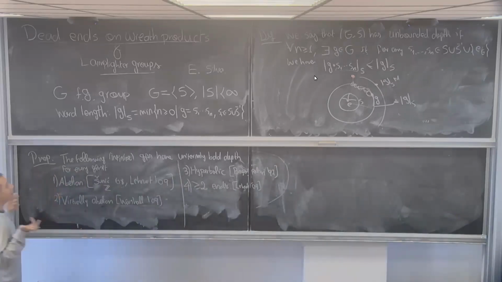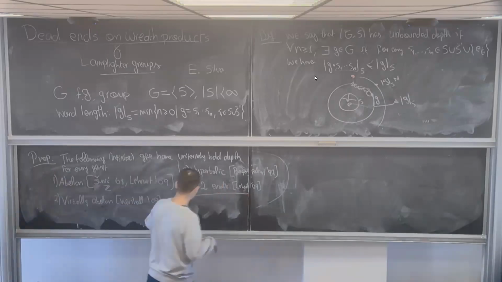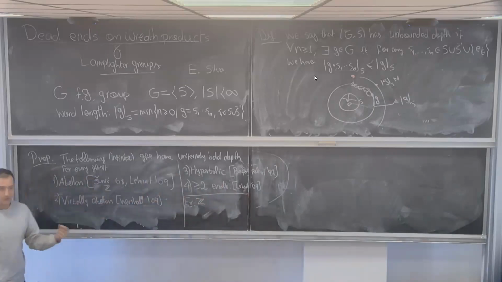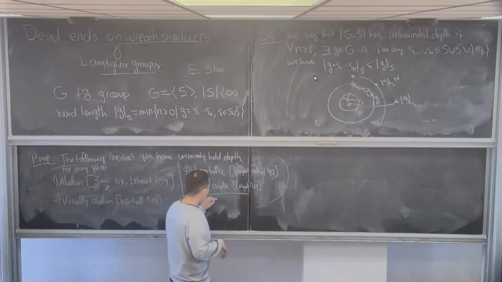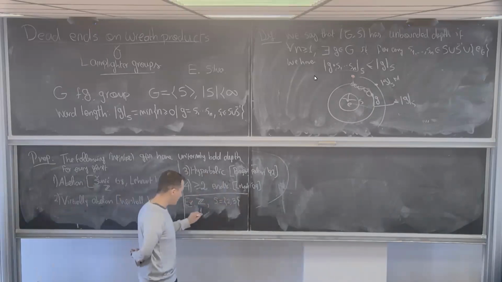So let's do a little example. What happens if you take Z, the integers, with the generating set 1? It's true that the Cayley graph is a line and you always increase your word length. But if you take the generating set 2 and 3, then you can write the element 1 as 3 minus 2, so its word length is 2.